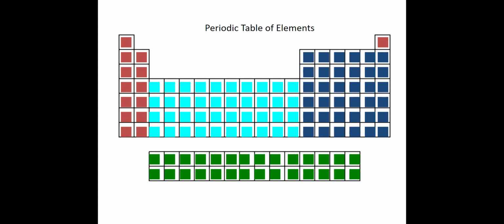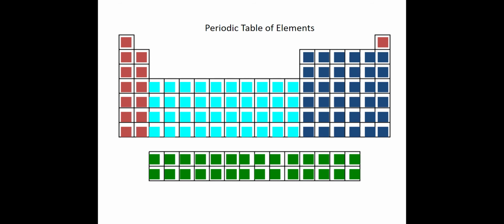Helium is placed way off separately on top of the noble gases on the right end of the periodic table. We put all the noble gases on the right side of the periodic table. And what they have in common is that their subshells are completely full.